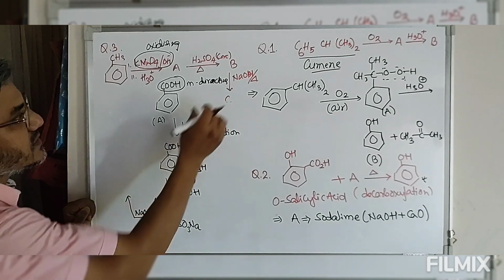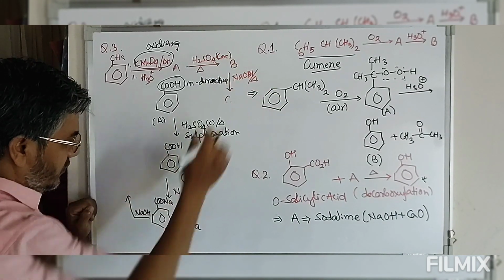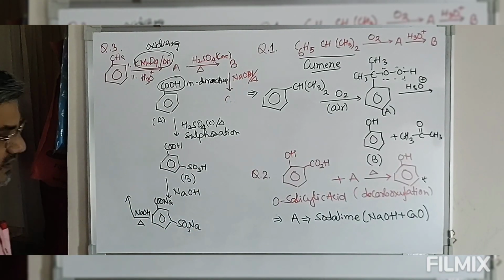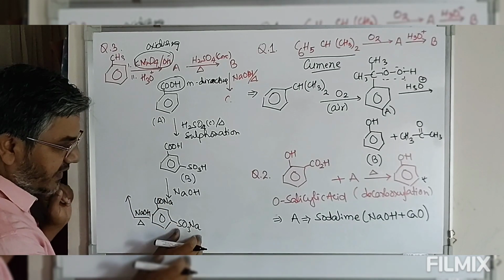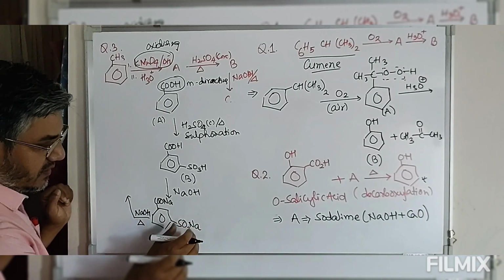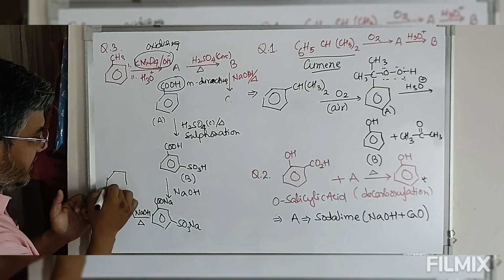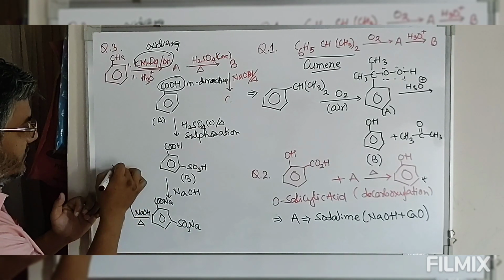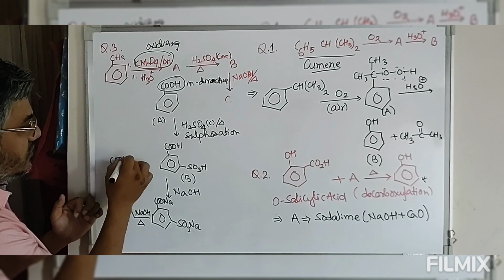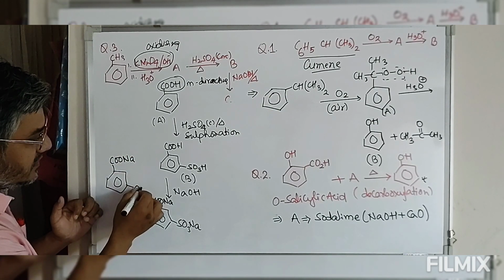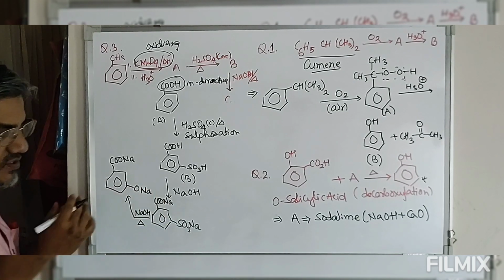So the reaction says this is heating with sodium hydroxide, so fusion with sodium hydroxide. Then desulfonation takes place and a phenolic group is formed. So this gives you the sodium salt of benzoic acid and phenoxide ion is formed.